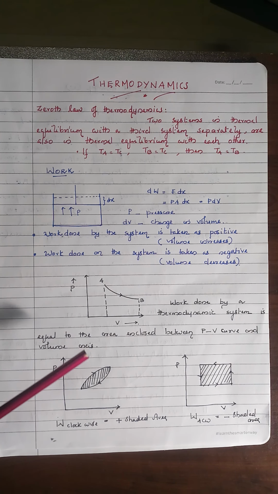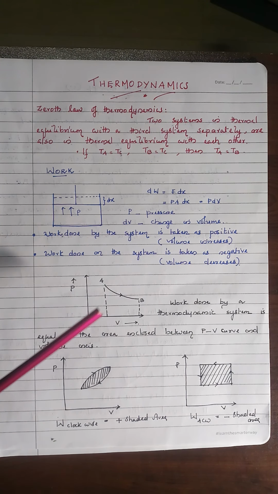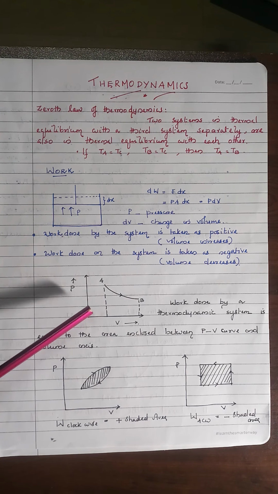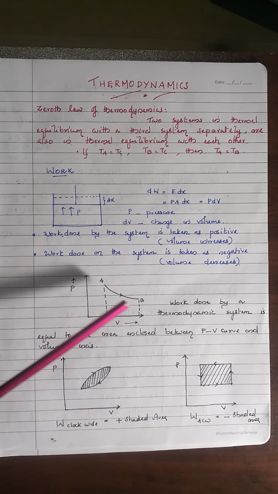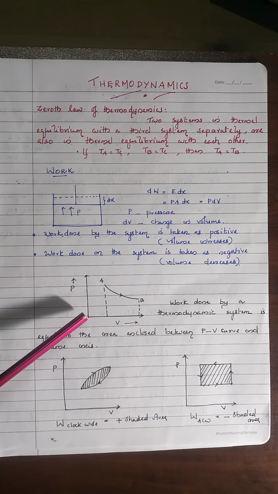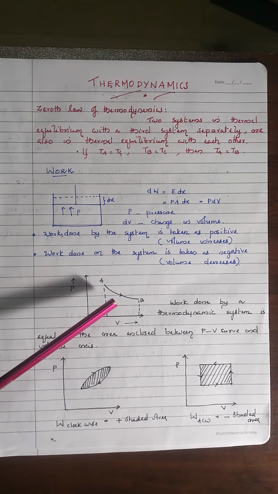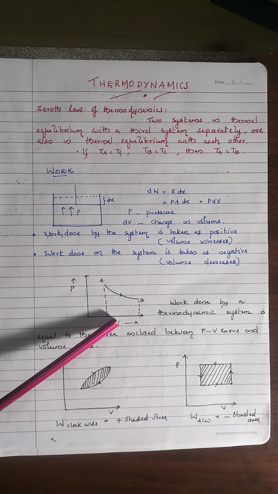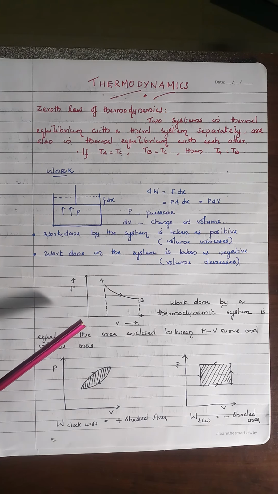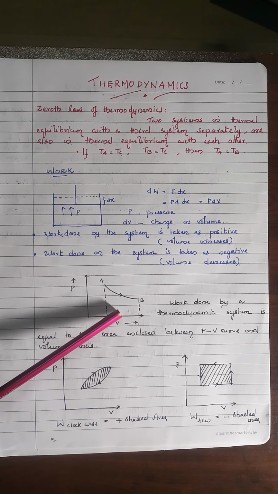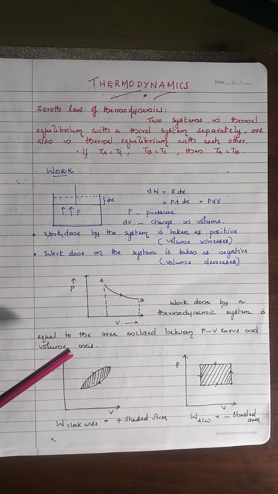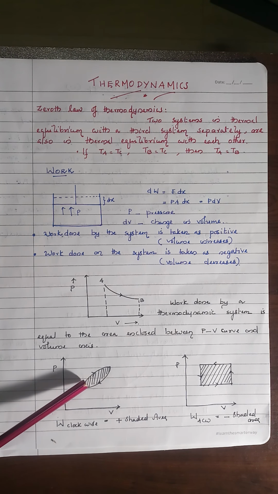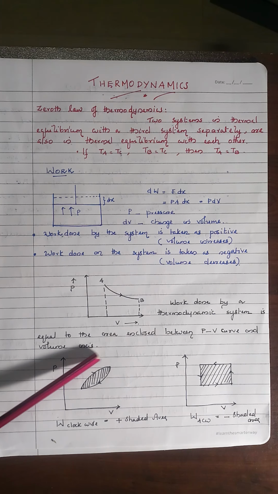Look at the graph. In order to find the work done graphically, look at the curve here. The work done by the thermodynamic system is equal to the area enclosed by the curve AB with respect to the x-axis, the volume axis. Look at the cyclic processes; here it is clockwise.